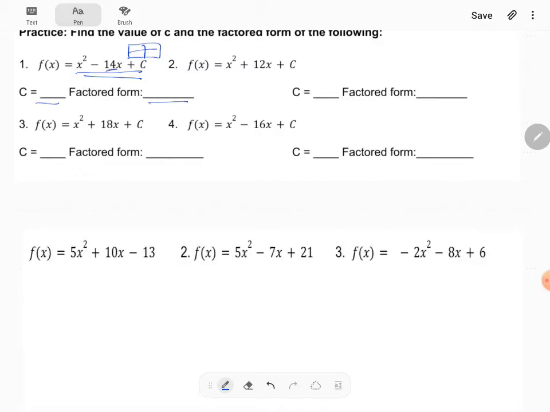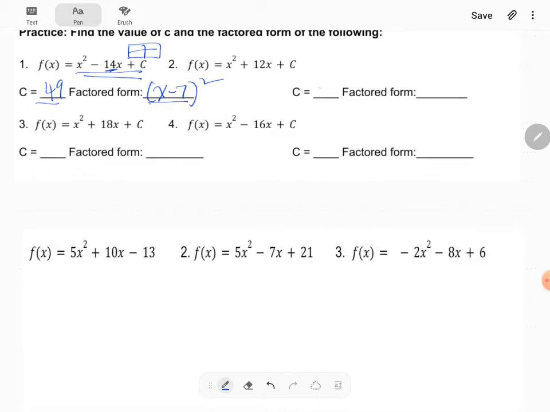So when you split negative 14 into half, it would be negative 7 and negative 7. So negative 7 times negative 7 is positive 49. That's what will be here. And the factored form would be x minus 7 squared, right? If you are still not getting it, just pause the video or go back and see what I was explaining before.